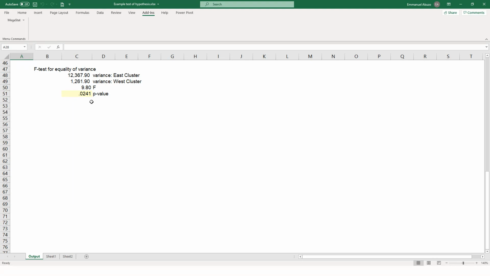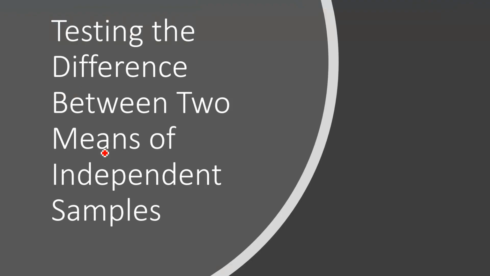So we already have the difference of the two samples' variances. So let's have testing the difference between the two means of independent samples. The population standard deviations are not known in this case.